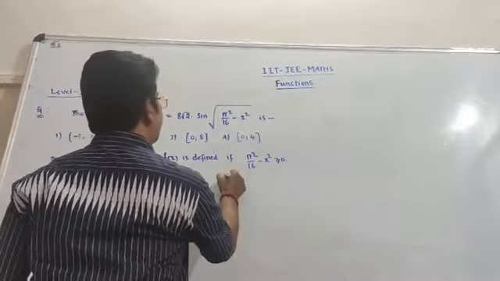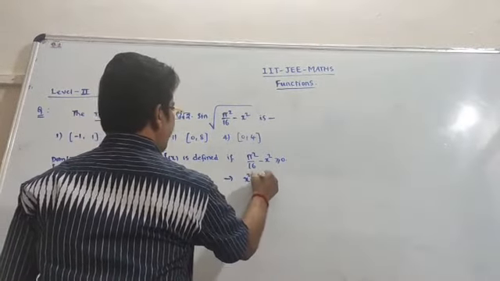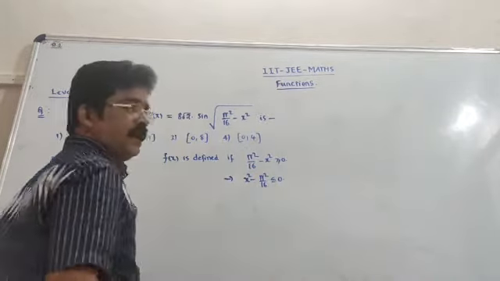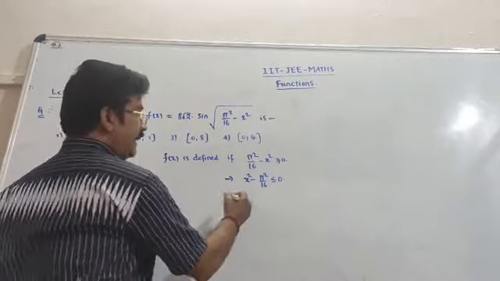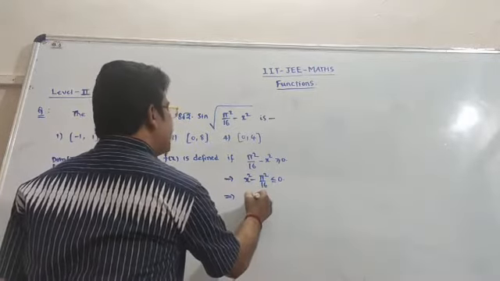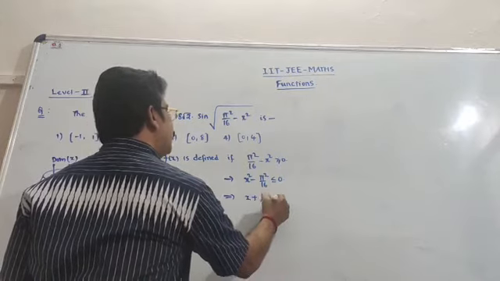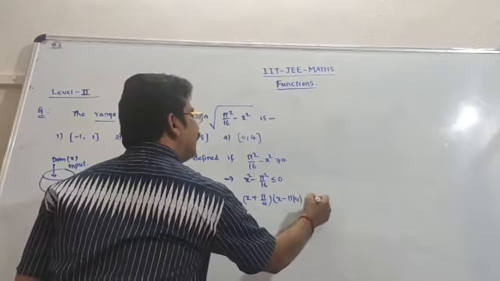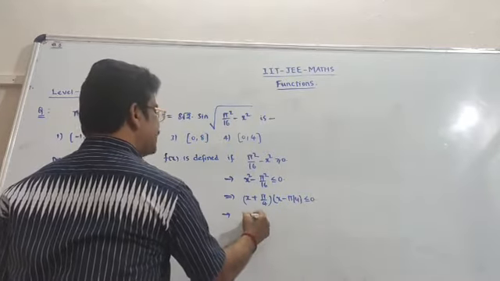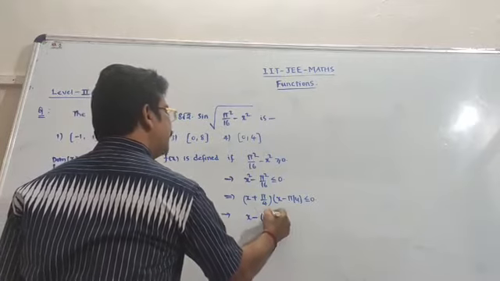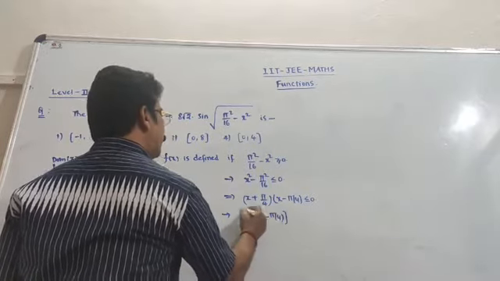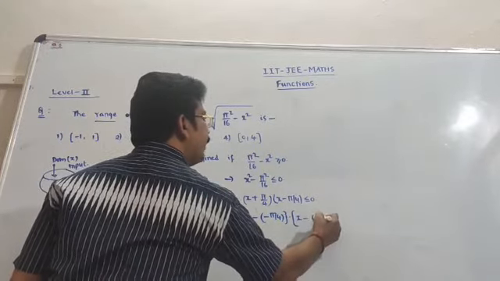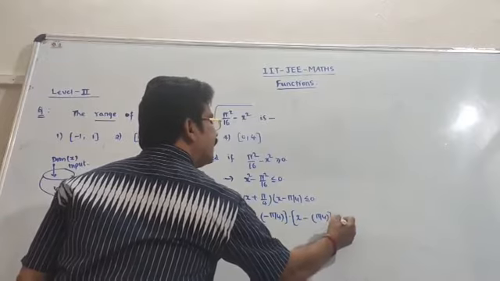So that implies x square minus pi square by 16 is less than or equal to 0, by multiplying minus throughout the equation. So it can be x plus pi by 4 into x minus pi by 4 less than or equal to 0.